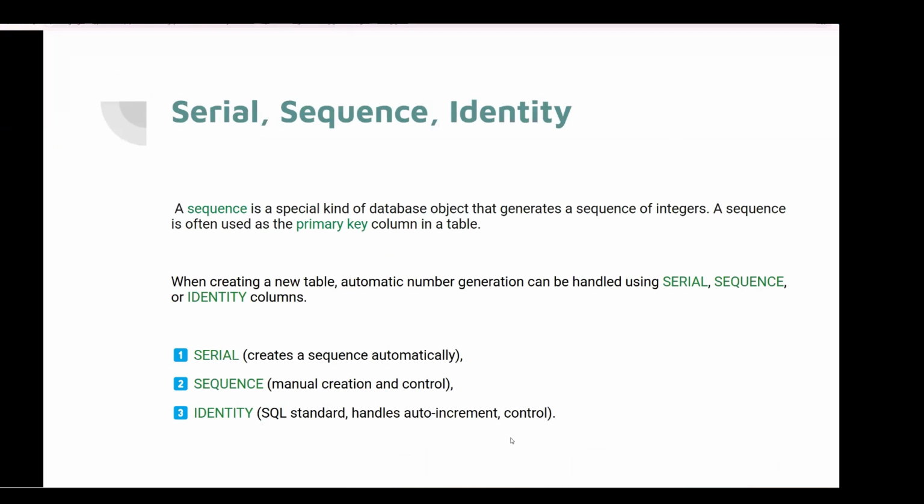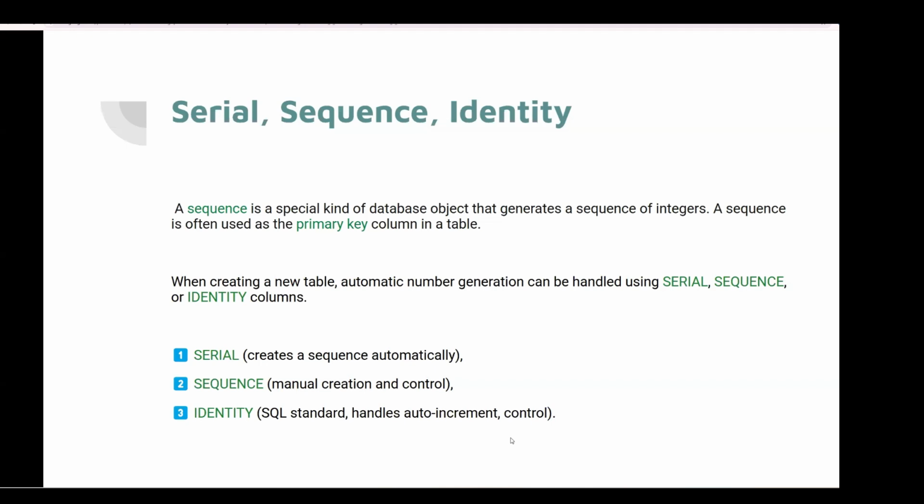So let's look into serial, sequence, identity, which we used just now. The sequence is a special kind of database object that generates a sequence of integers. And this sequence is often used as primary key column in the table. If you see in the last example, when we created the accounts table, we used that as a primary key column.